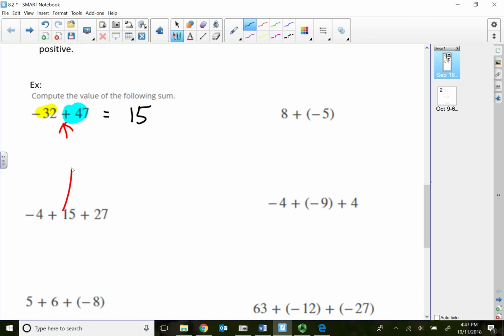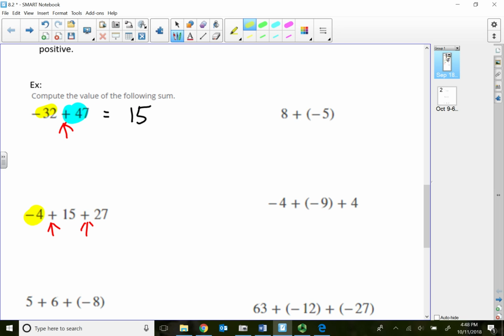All right, when it comes to combining multiple terms, according to the associative property, I can combine any two terms first, of my choice. So here I have two addition signs outside the parentheses, so that will separate three terms.